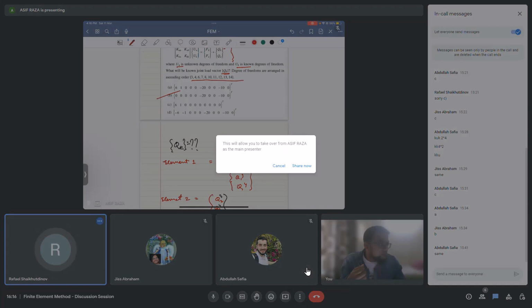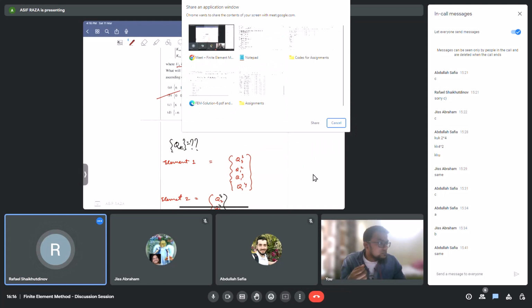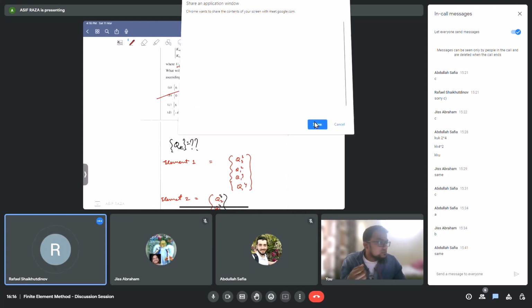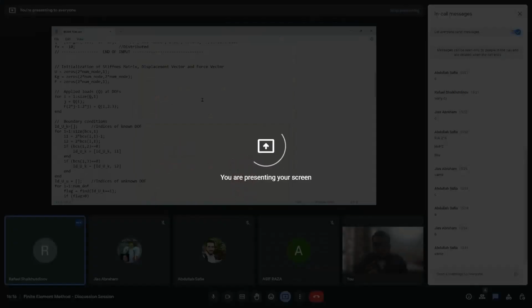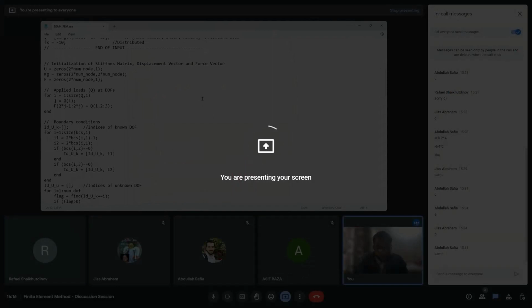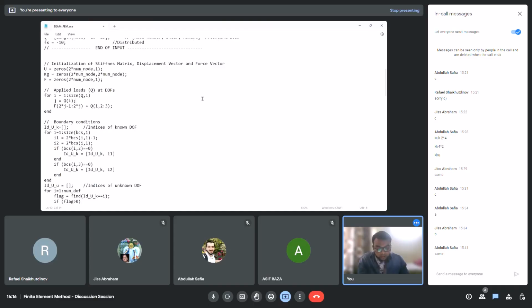By the way, any questions about the truss? We have a truss problem there. You had doubts regarding that also.